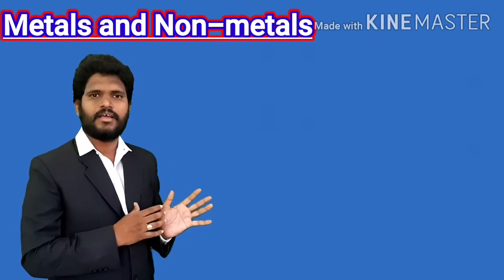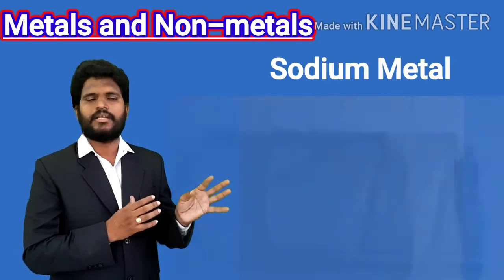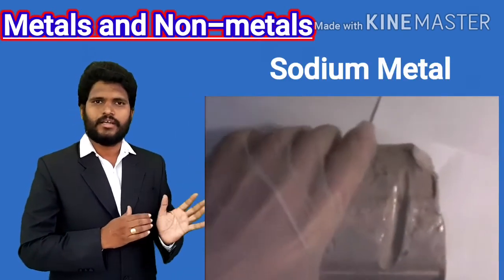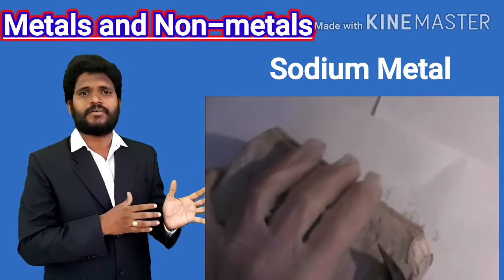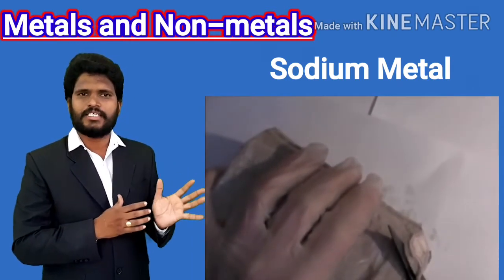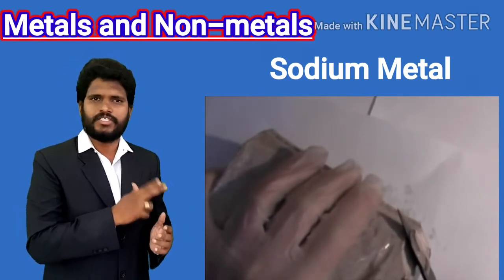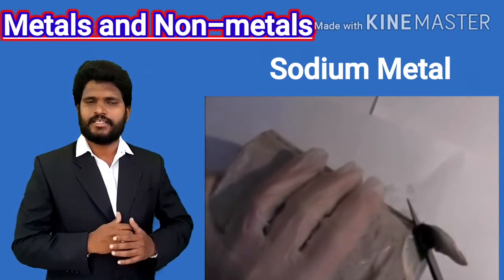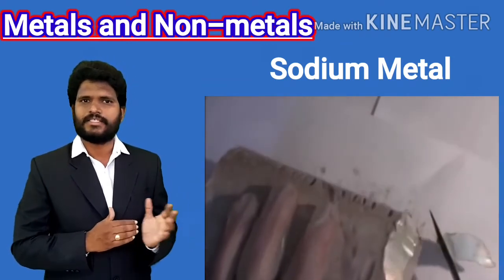Generally, metals are hard, but these elements are soft. How soft are they? We can cut these metals with the help of a knife or scissors. Right, sir? This much soft these metals are.